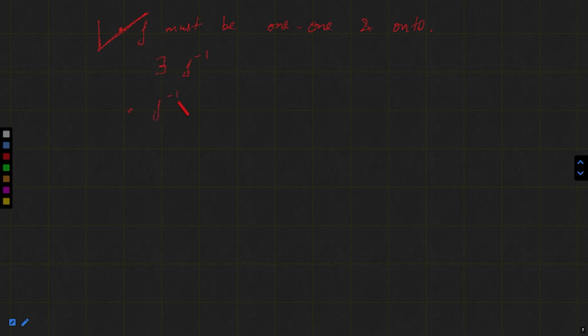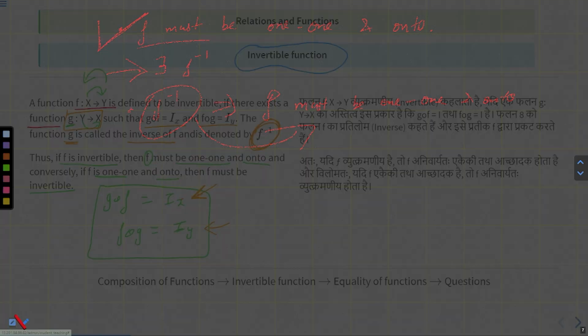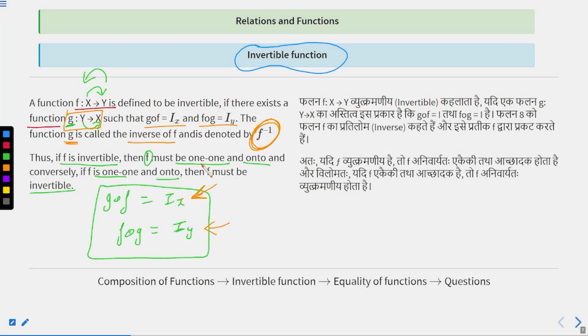If f inverse exists, this means f must be one-one and onto. If f is one-one and onto, then there exists an inverse. So both ways we have one-one and onto-ness of f.